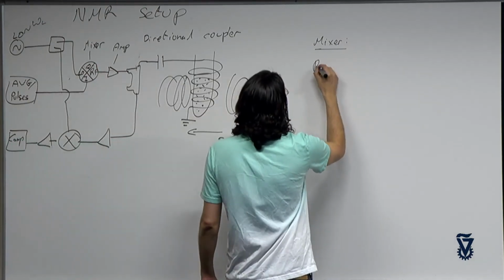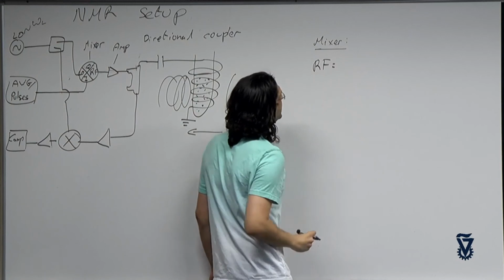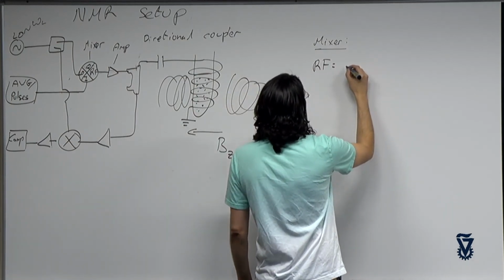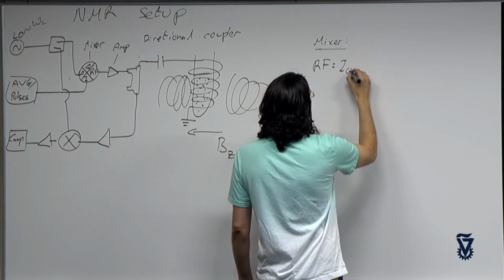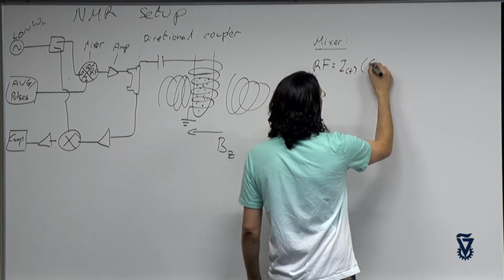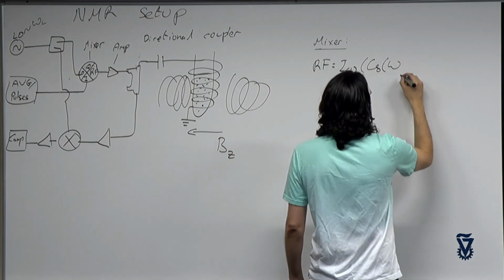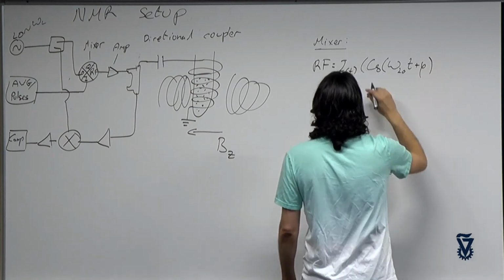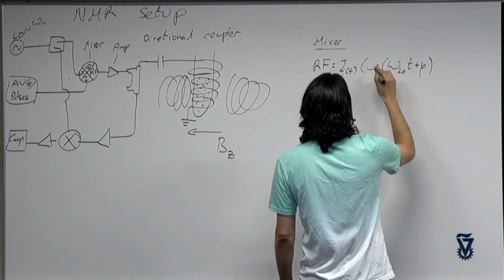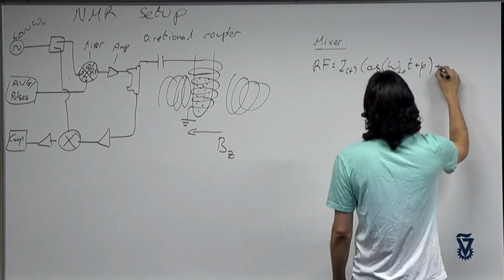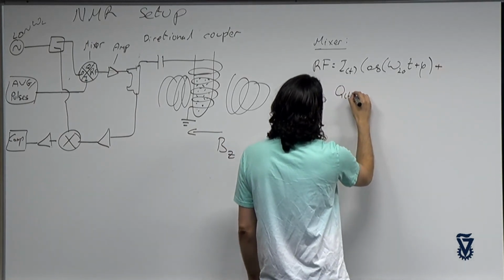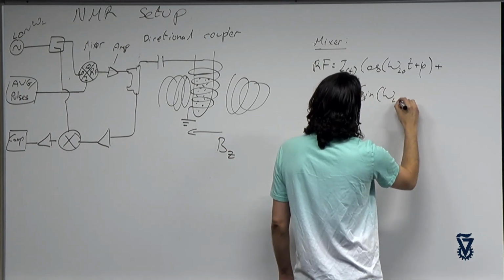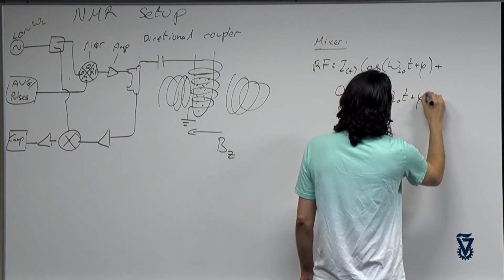And what the mixer will do, the output of the RF port, is I as a function of t times cosine of omega LO t plus some phase phi, plus Q of t times sine of omega LO t plus phi.